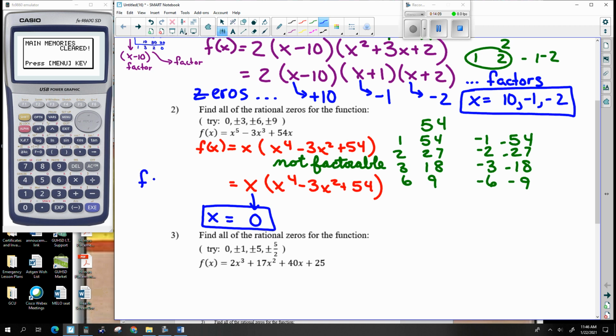Again, these are factors. These are zeros. So I could get answers to these other things, but they're not quote unquote rational zeros. They would be like imaginary numbers and stuff like that.